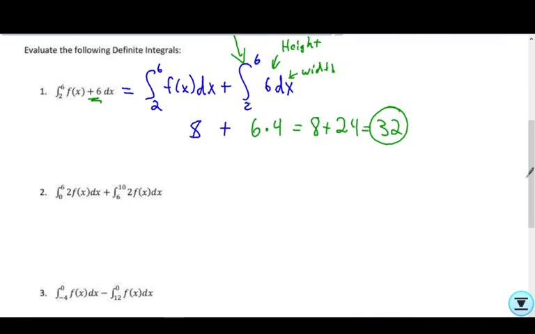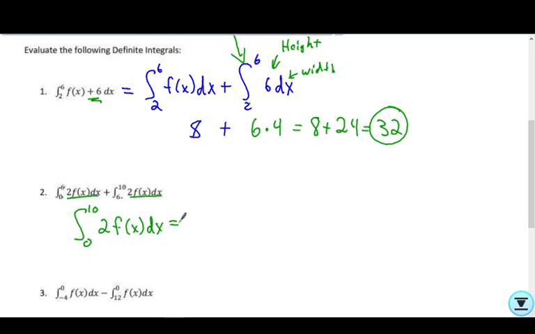Let's look at the second one. I've got the integral from 0 to 6 of 2 f of x dx plus the integral from 6 to 10 of 2 f of x dx. Since this part and this part are the same, I can put these together and find the integral from 0 to 10 of 2 f of x dx.